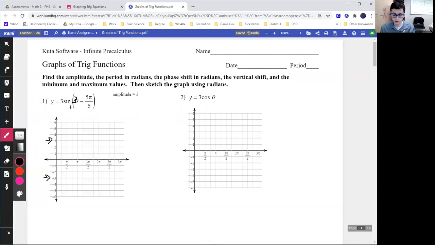So the period would be 1/3 of the normal period, which would be 2 pi radians. If it was a 2 in front of here, then it would be going twice as fast, so the period would be shorter. It would take less time to cycle through. Because there isn't anything there, the period is just the standard 2 pi radians.